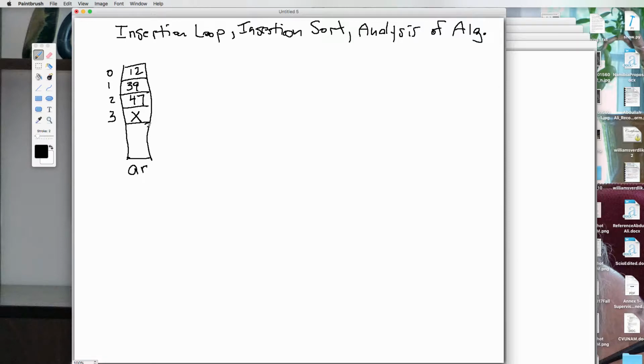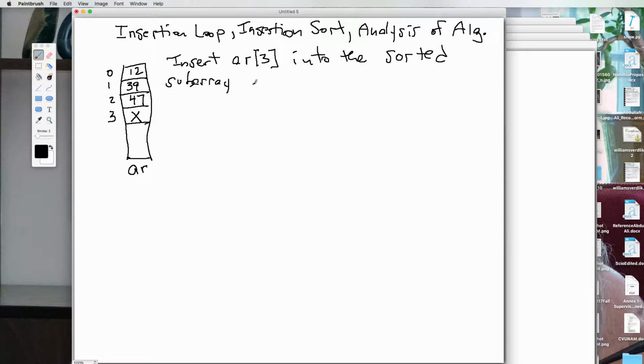And what we wanted to do is insert this into this subarray. We basically wanted to insert AR of 3 into the sorted subarray.